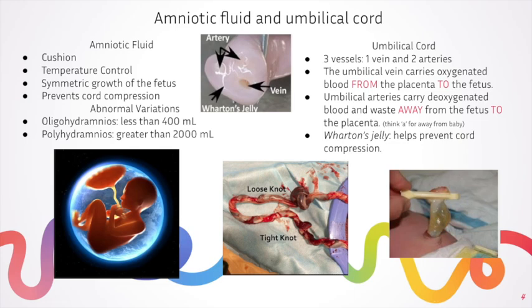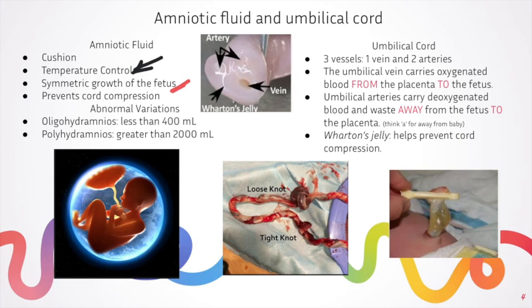Amniotic fluid acts as a cushion to protect the growing fetus as well as protect against umbilical cord compression. It also provides temperature control for the growing baby. It also allows for symmetric growth of the fetus. What I mean by that is, have you ever seen a patient or somebody who is contracted?